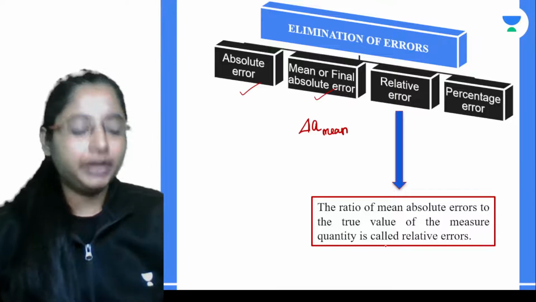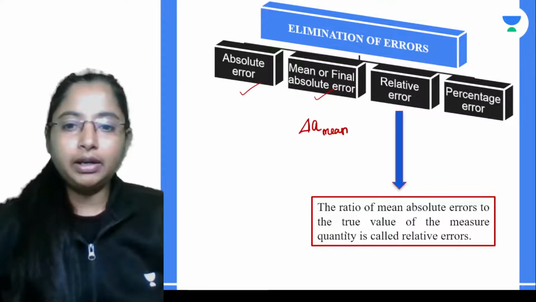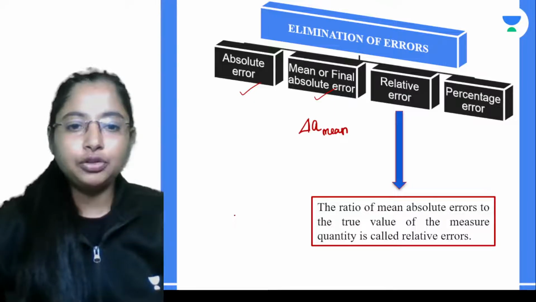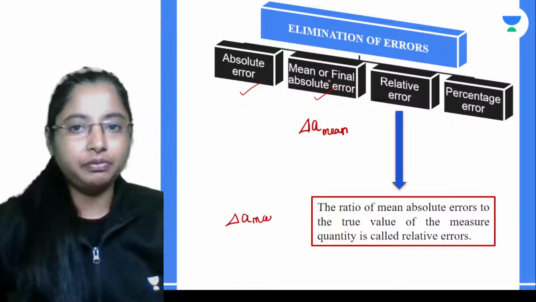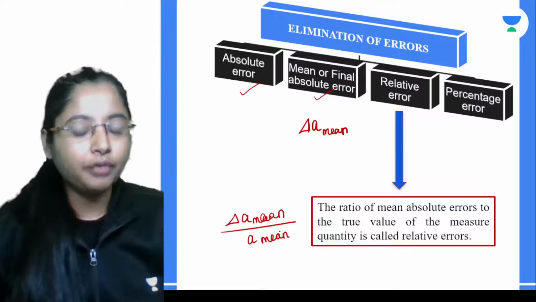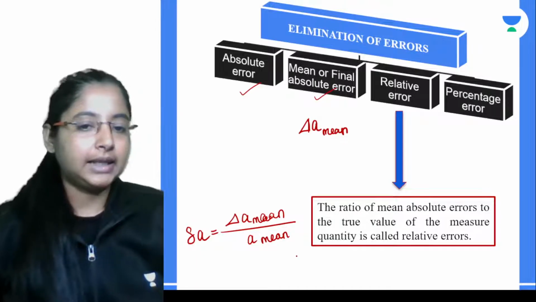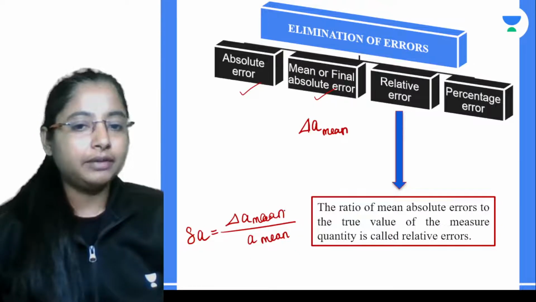Now relative error is the ratio between the final mean absolute error and the mean or actual value of that particular reading. That will give you the relative error expressed in terms of delta A.